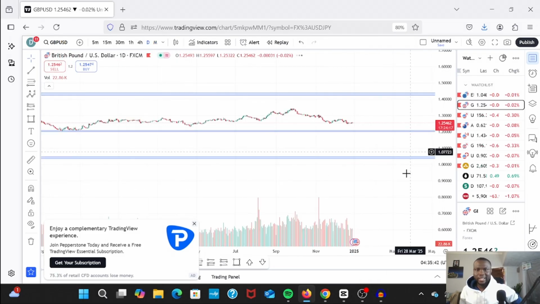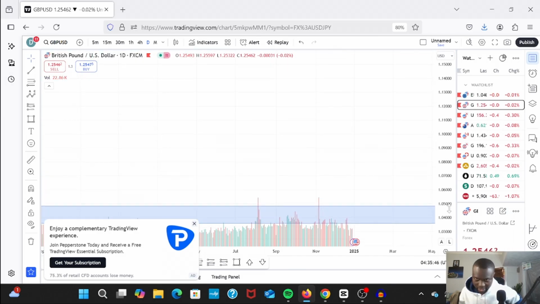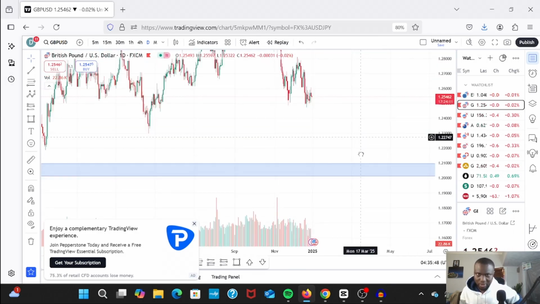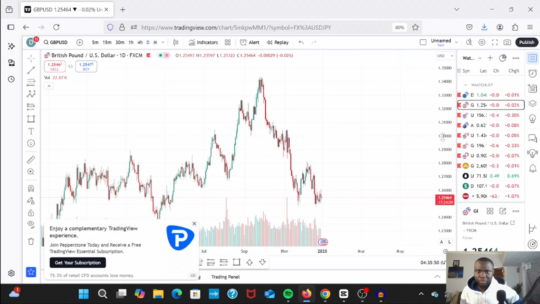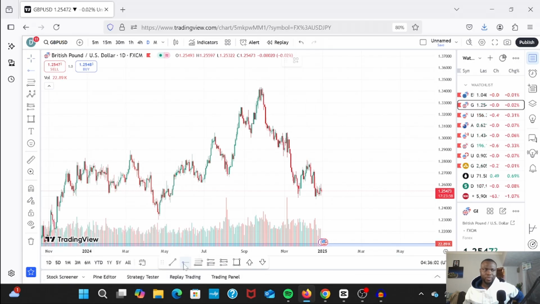Next I go to my daily time frame. I know that this market is going to sell. It's going to keep coming down. So what I need to do is look for the possible spots I can get into this trade. So we try to get our supports at this point.